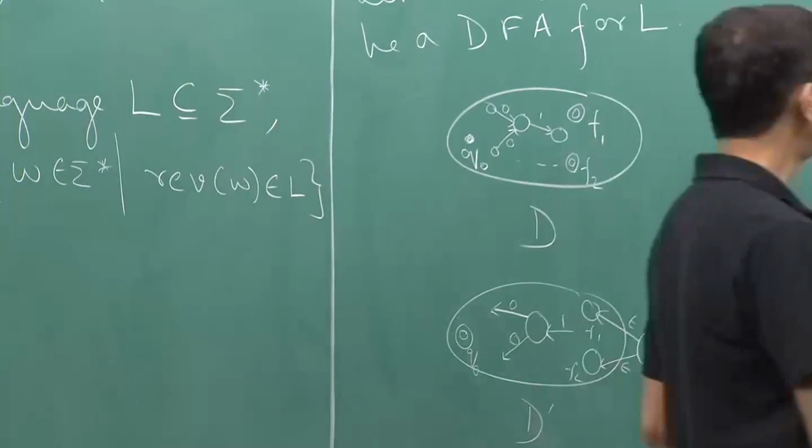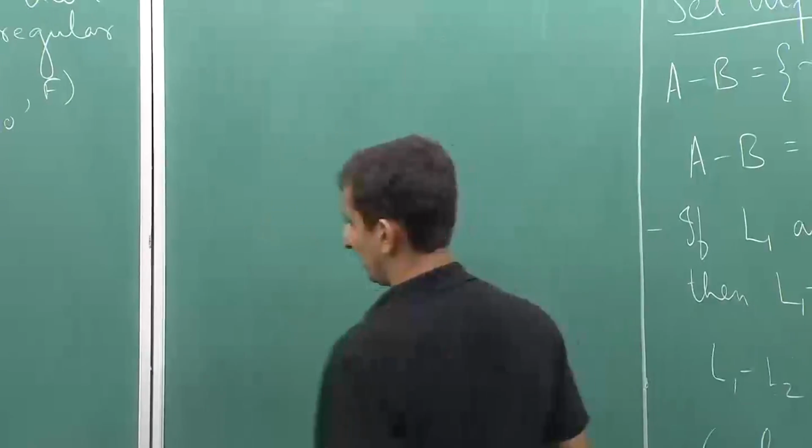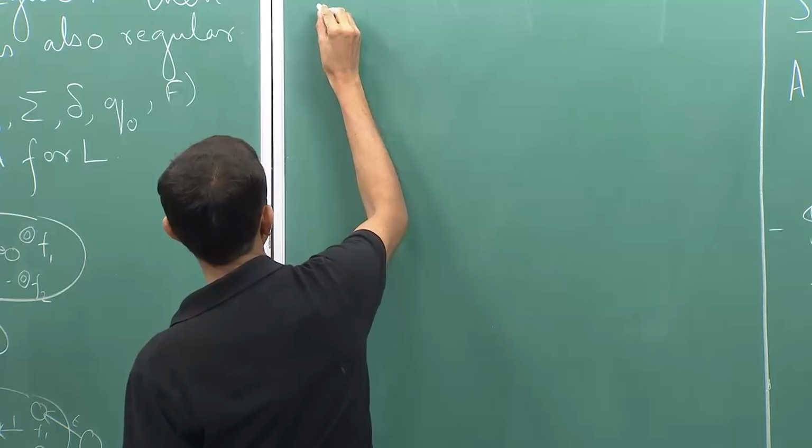So, formally let us represent the NFA D prime. How do we formally define D prime?